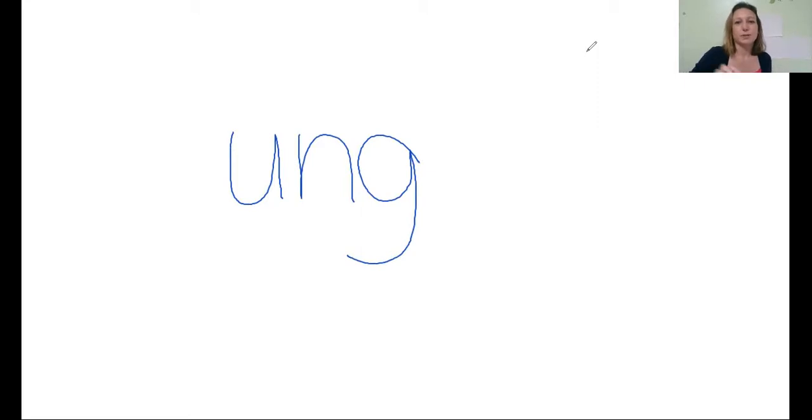Next one, number 3. One way to write the blend in drum. Remember the beginning blend, you just need the first 2 letters. And what did you write? Did you have D-R, D-R, drum?